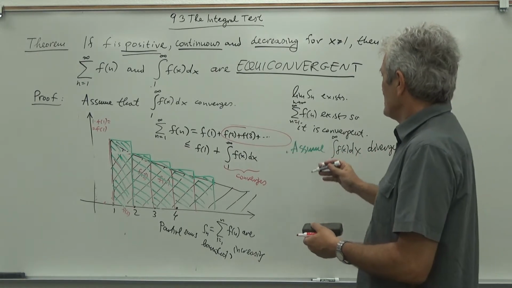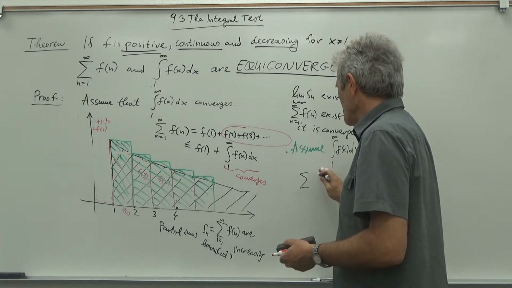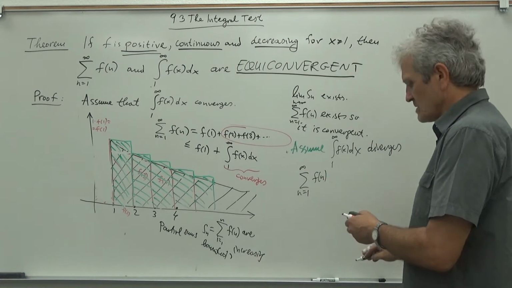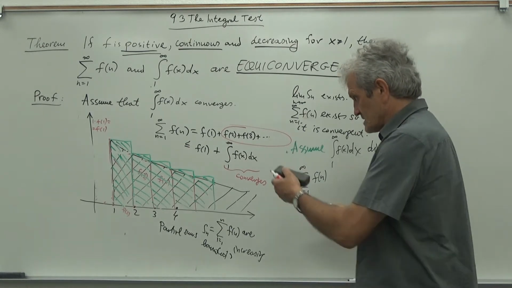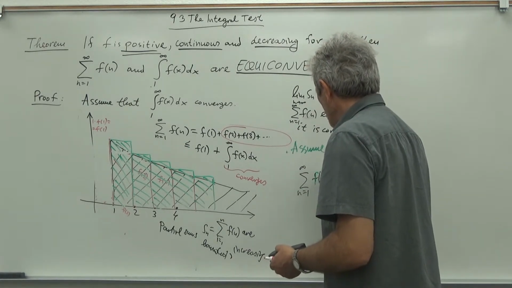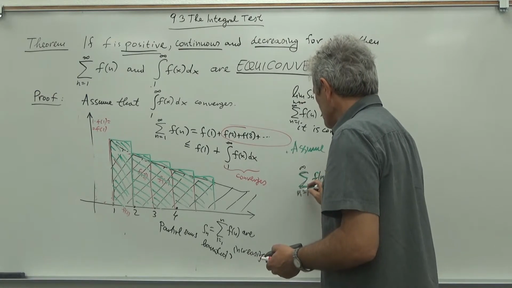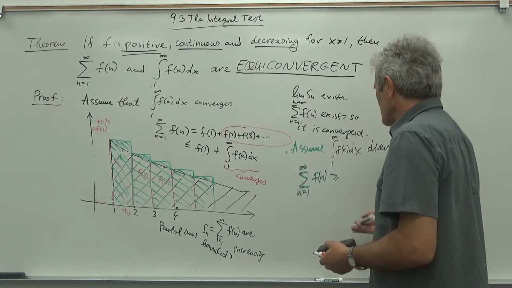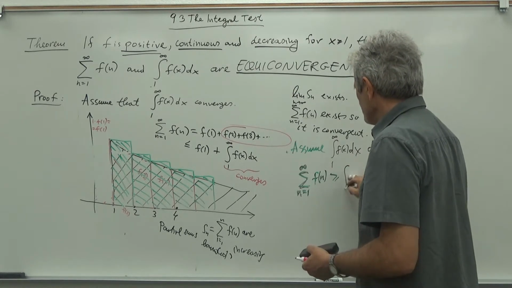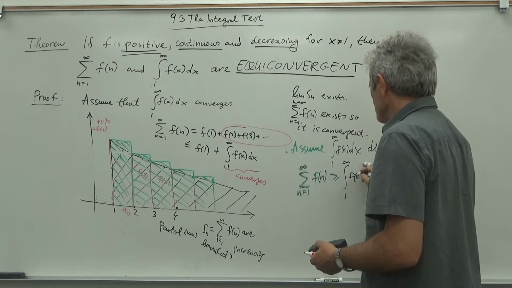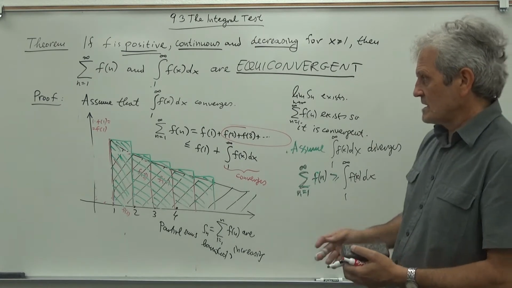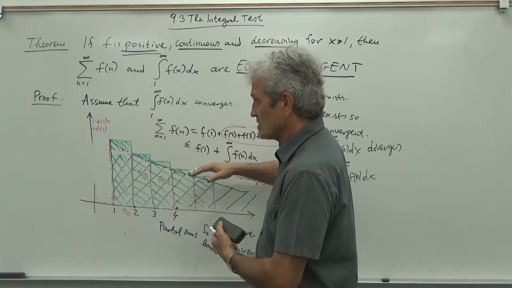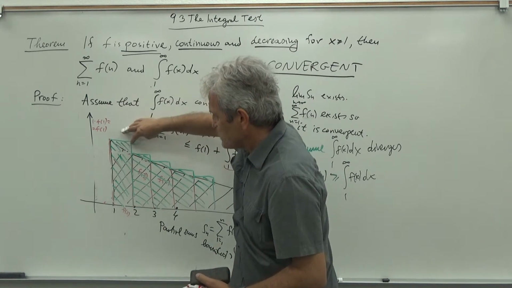Then we'll say the following: the sum of f of n, when n goes from 1 to infinity, and maybe I should make this green because that's the green sum, those are green boxes together, is greater than or equal to this integral. Why? Once again, the green rectangle is bigger than the stripe because I'm stretching to the right, so the value in the beginning is bigger than all the others.